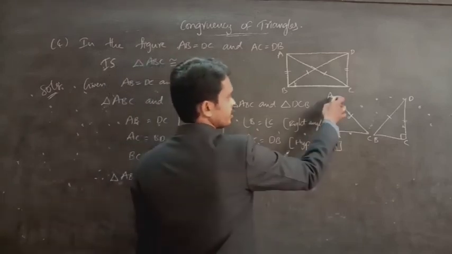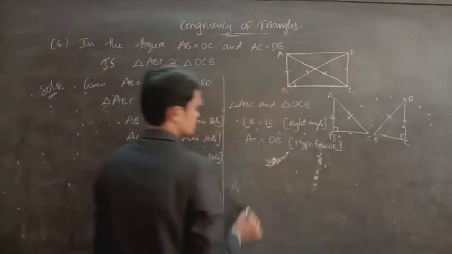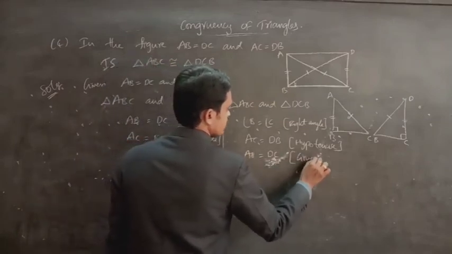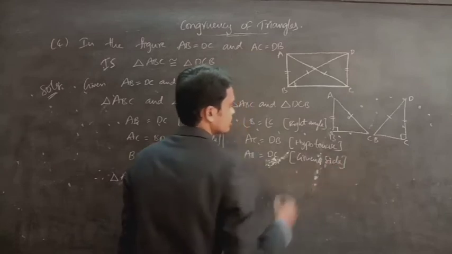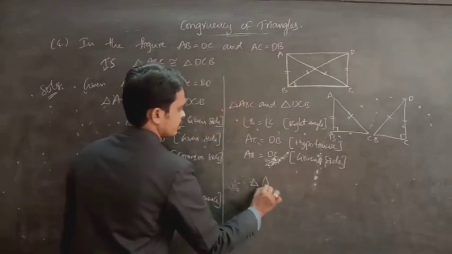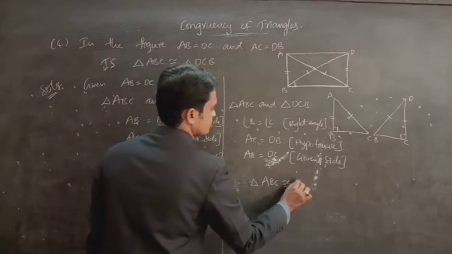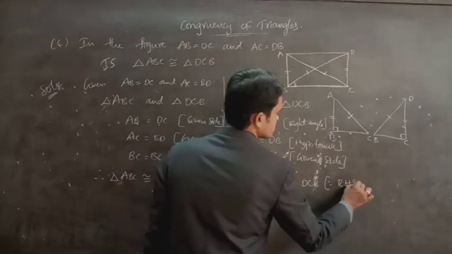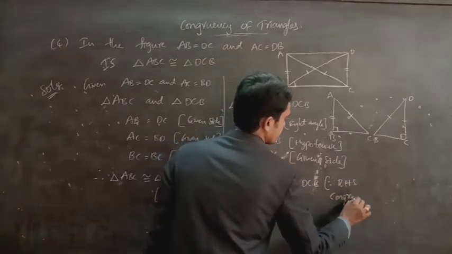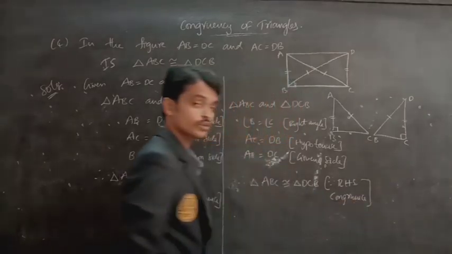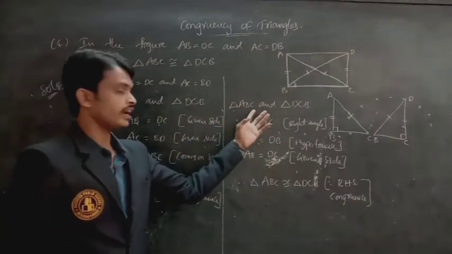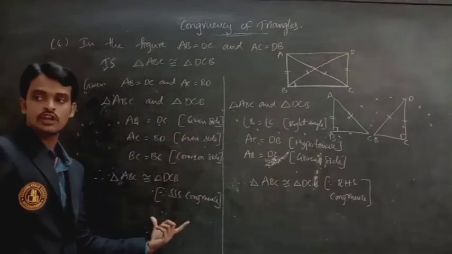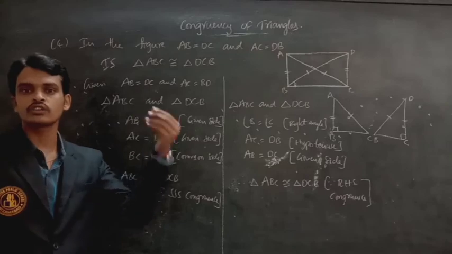And AB is equal to DC, that is the given side. So therefore, triangle ABC is congruent to triangle DCB since RHS congruence. So using RHS congruence, we can find these two triangles are congruent. By using side side side congruence, we can also find these two triangles are congruent.